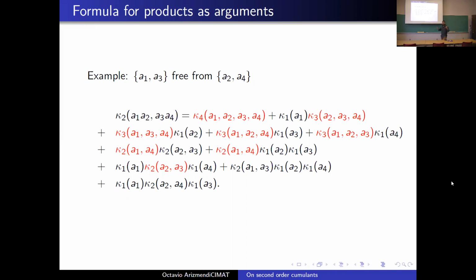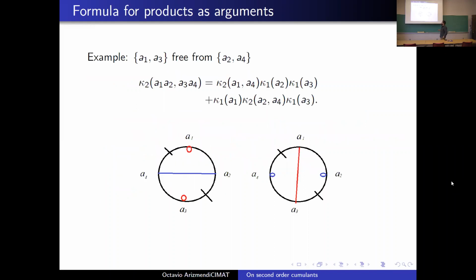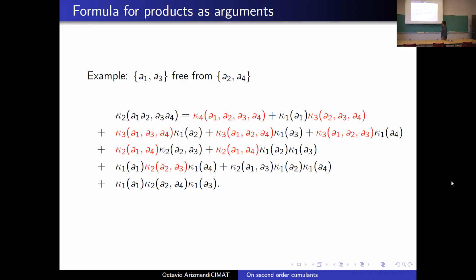So I'm using both the formula for products as arguments, and that the joint cumulants vanish. Are there no terms with kappa 2 squared? Yes, there is, kappa 2 squared, sorry.